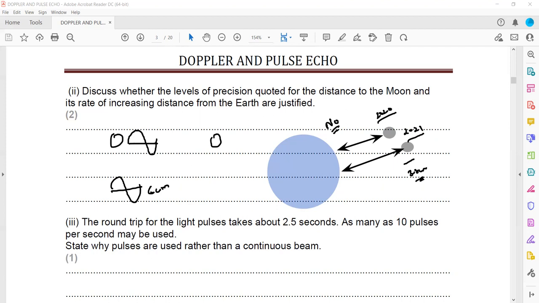If the pulse length is shorter than the distance change, then it will be accurate. That's one way. Or you can mention the distance given here is in kilometer, where the change is in centimeter, so it won't be accurate. Is it clear how we discuss whether this is precise?